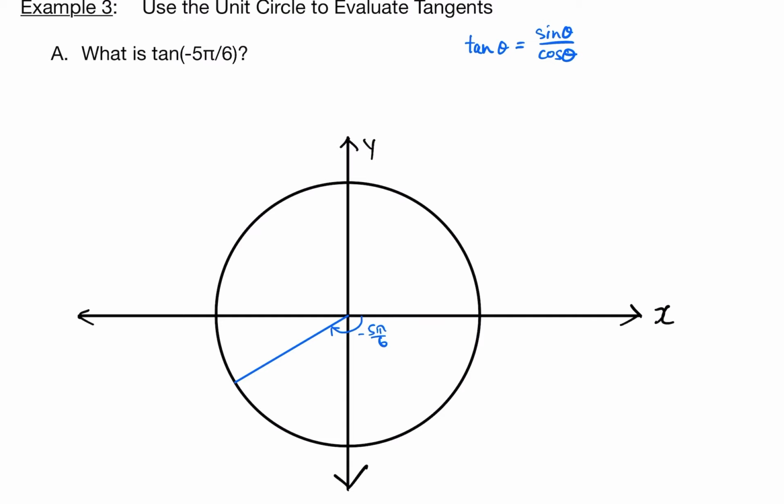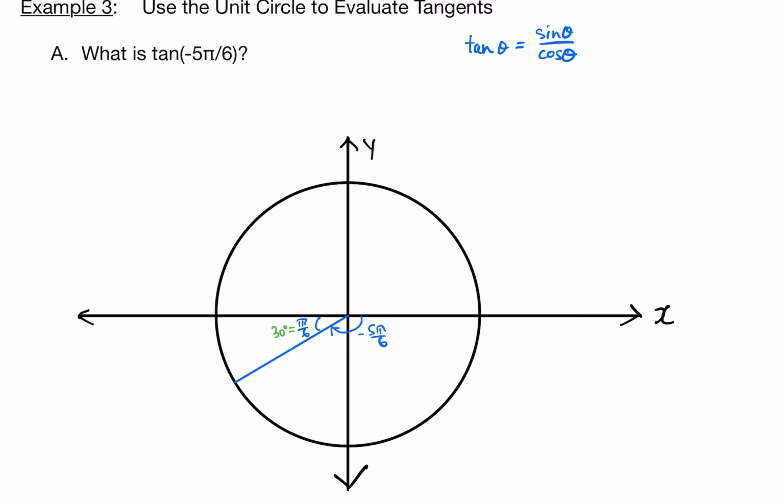Okay, so if that's negative 5 pi over 6, that means that this angle in here is pi over 6. Okay, and pi over 6 works out to, in terms of degrees, 30 degrees.